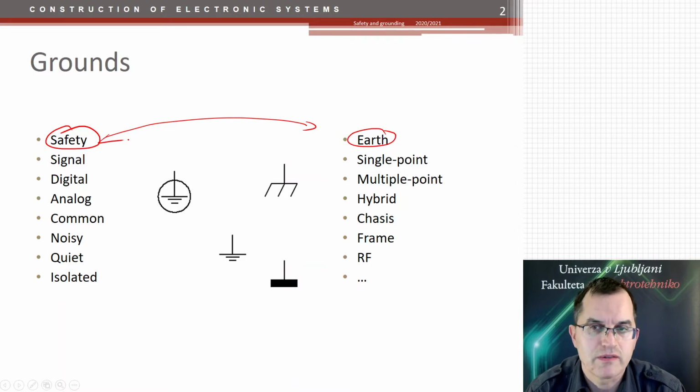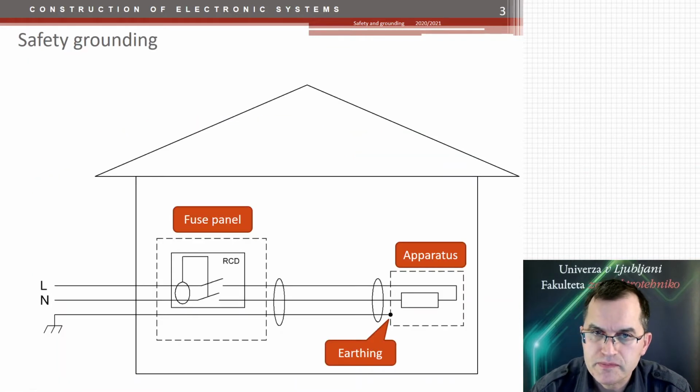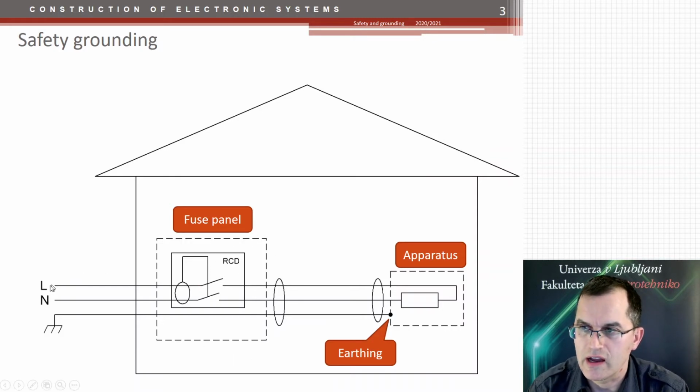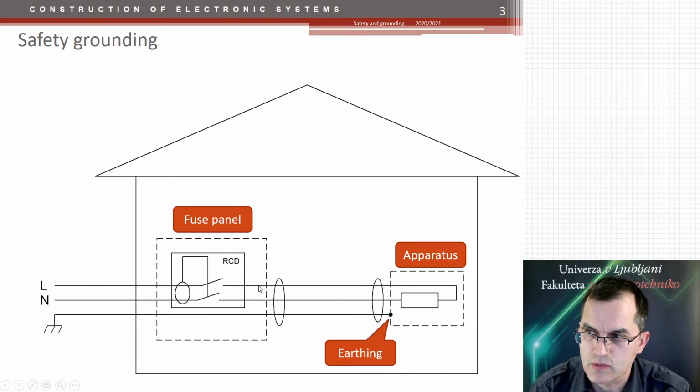So what are the safety groundings? The safety ground is actually some feature that provides you safety of your device. So here is an example of a house installation. Here we have a fuse panel. In these fuse panels, each line is connected with a fuse, which is not actually drawn here.